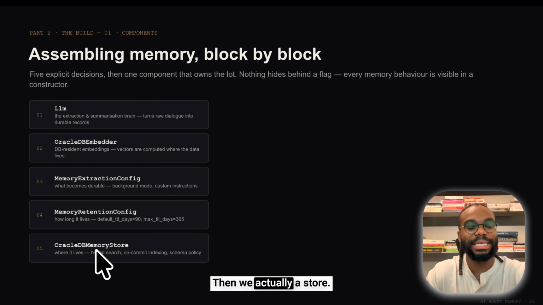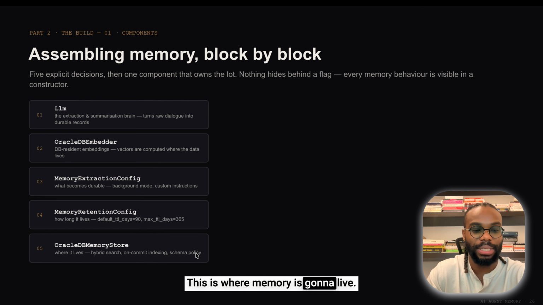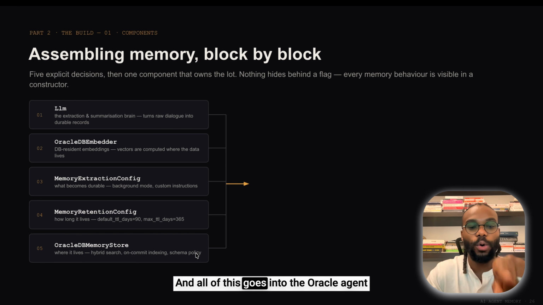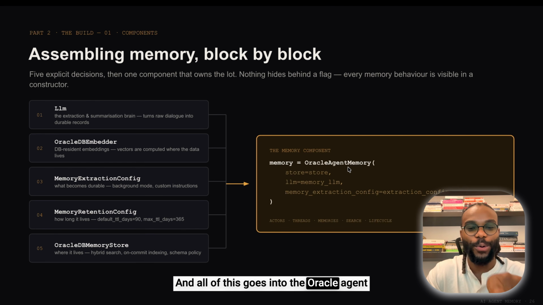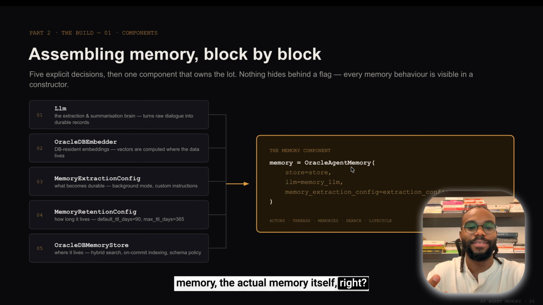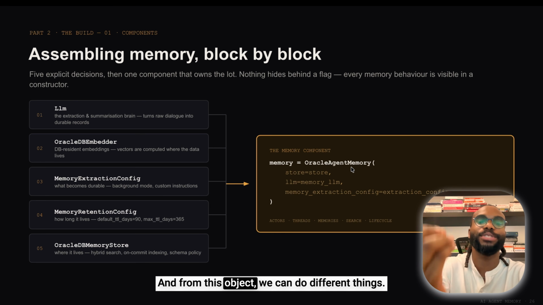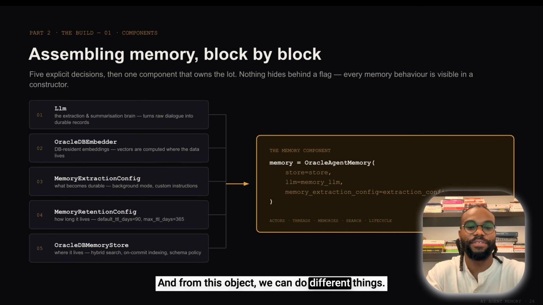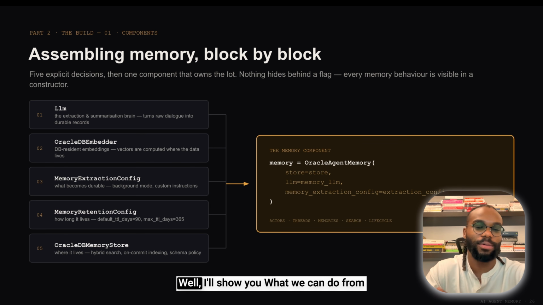Then we actually store, this is where memory is going to live. And all of this goes into the Oracle agent memory, the actual memory itself, right? And from this object, we can do different things. What does that mean? Well, I'll show you.